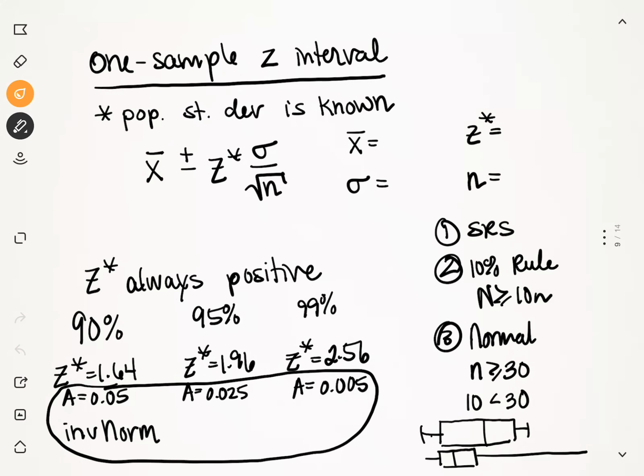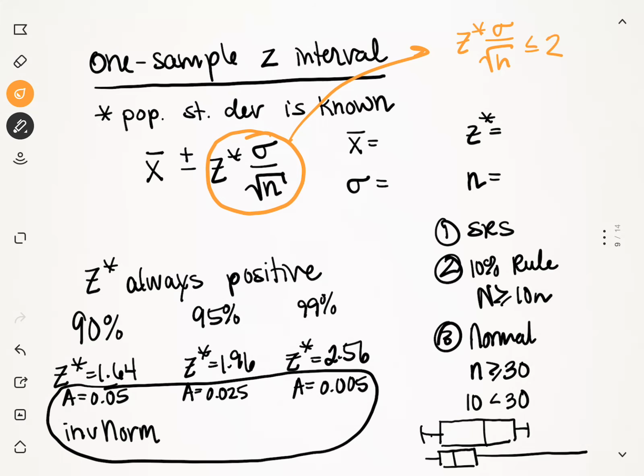I might tell you I want to reduce the margin of error to, say, 2. I don't want it more than 2. So this is our margin of error, and you would say I do not want this part of my formula to be greater than 2.